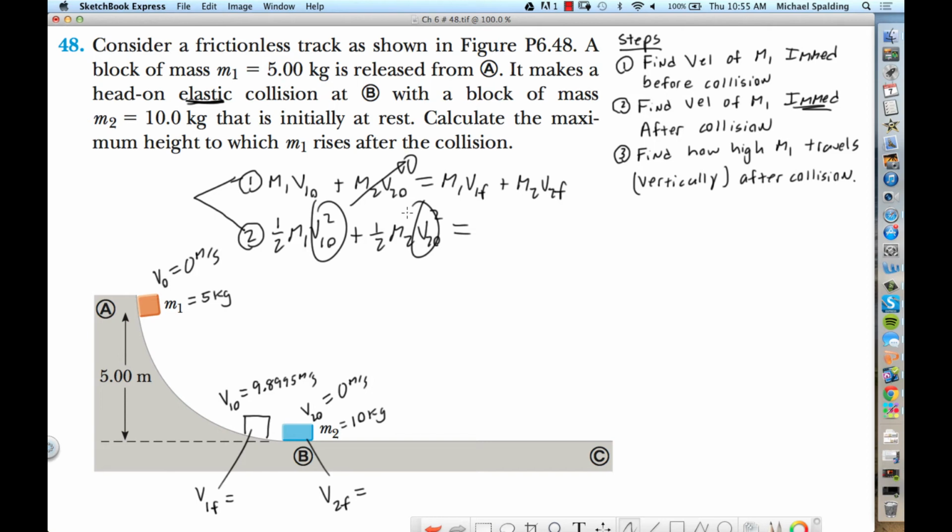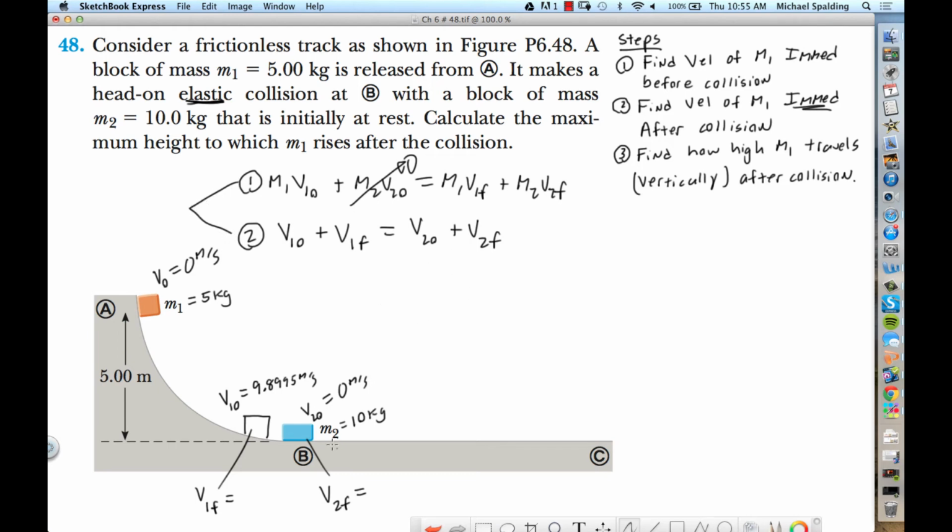So there's this third equation that comes from combining conservation of momentum with conservation of kinetic energy, and that equation is V1 initial plus V1 final equals V2 initial plus V2 final, and we're going to substitute these two equations together.